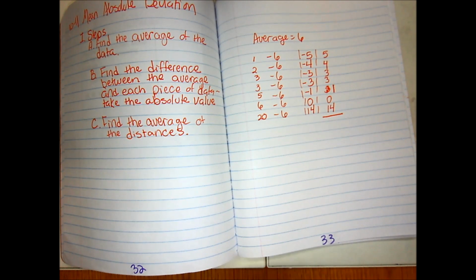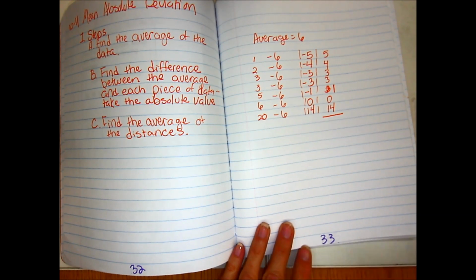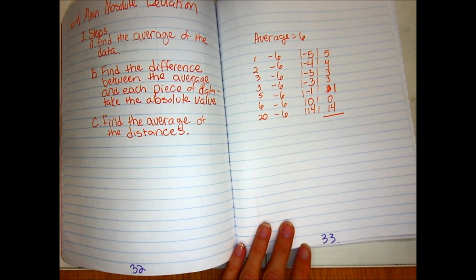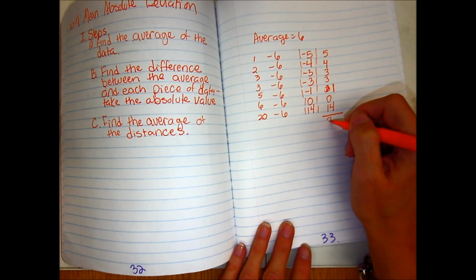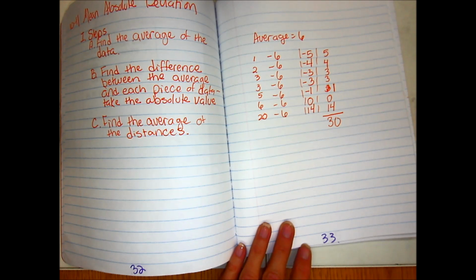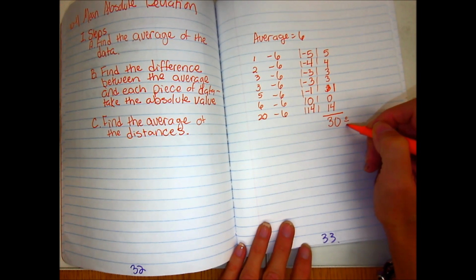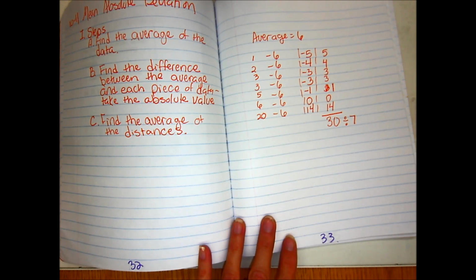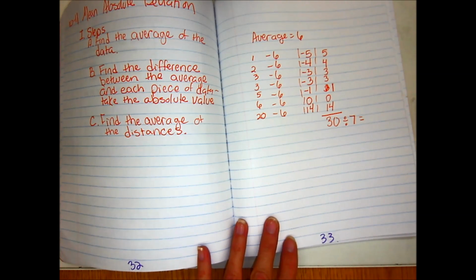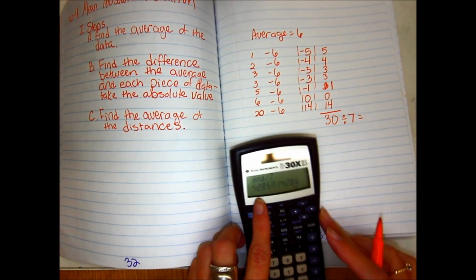We add them all together and then we divide by the number of numbers. So I'm going to add up all my differences. So 5 plus 4 plus 3 plus 3 plus 1 plus 14 is 30. Make sure I'm right there. Yep, 30. And then I had 1, 2, 3, 4, 5, 6, 7 pieces of data. So I'm going to divide that by 7. And 30 divided by 7 is about 4.28.